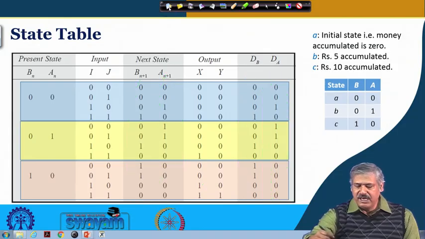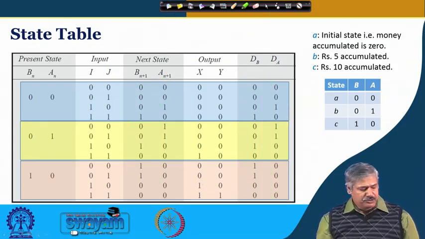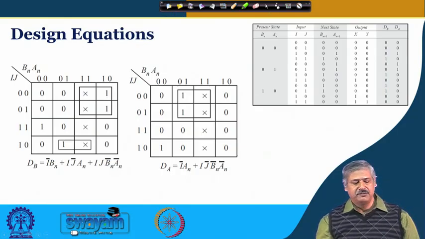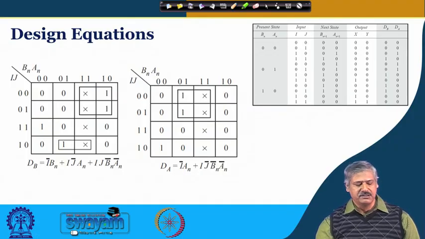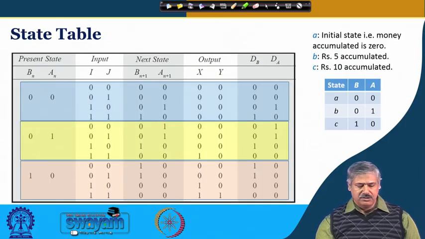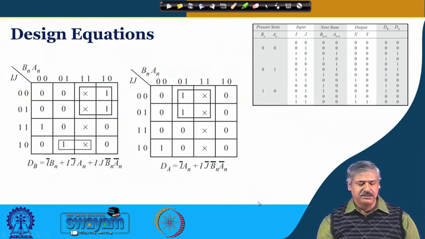So with that, what will be the next step? To get the design equations, the input equations, right. With these inputs, this way it has been written 0 0 0 1, 0 0 1 0, 1 1 0 0, this is for DB. Okay.